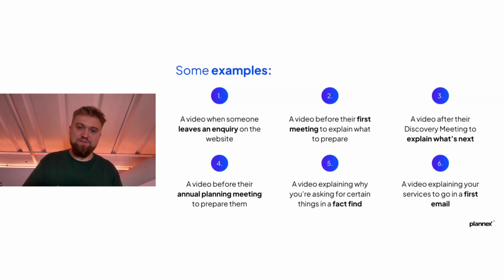But you can say, after this meeting, we will now send you our fact find, or we will now send you our client agreement, or we will now go away and do some research, or get letters of authority signed, or whatever it might be that you're going to do in that process. Make sure that you can display that to your clients so they know what's going on. And a video can be the best way to do that. And again, it can be automated.